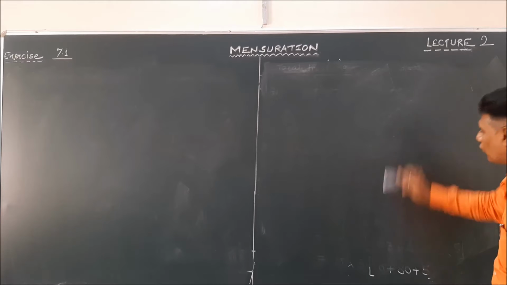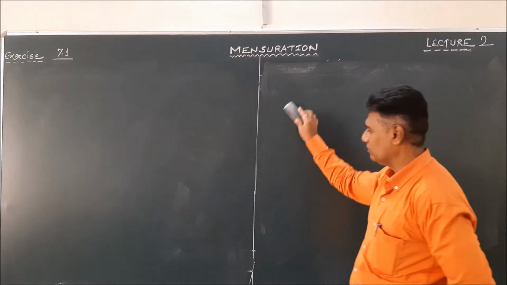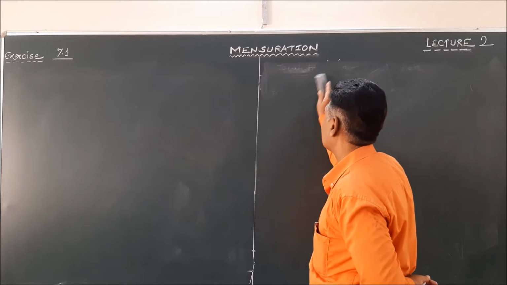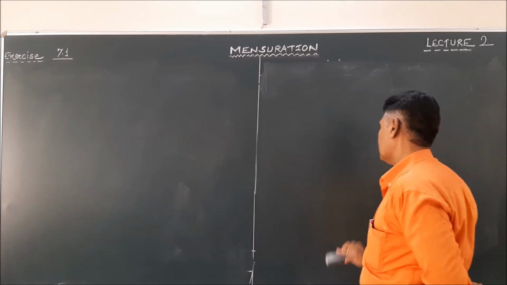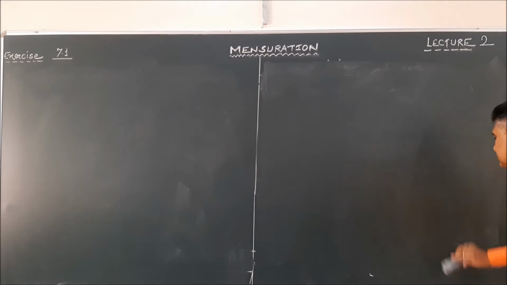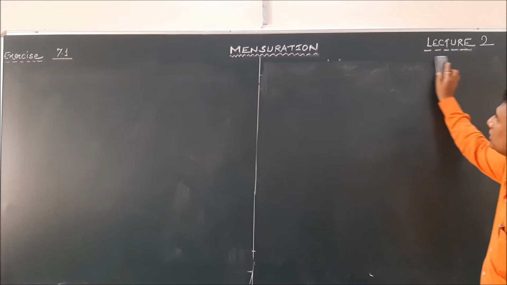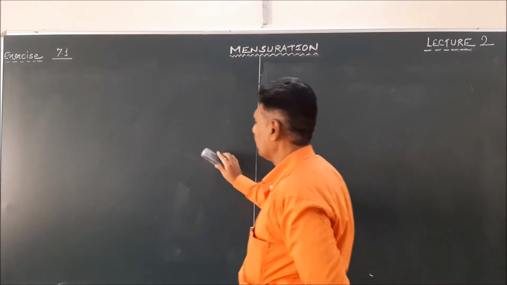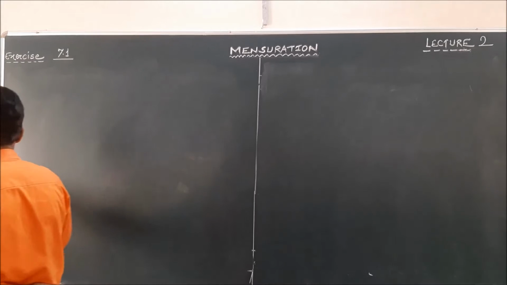The tablet is in the form of a cylinder. Sometimes we may think it is in the spherical form. No, it is in the form of a cylinder. Let's see here.